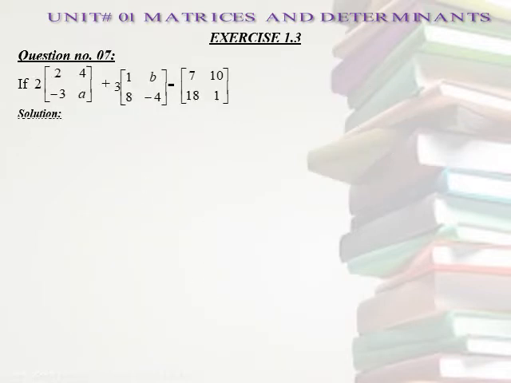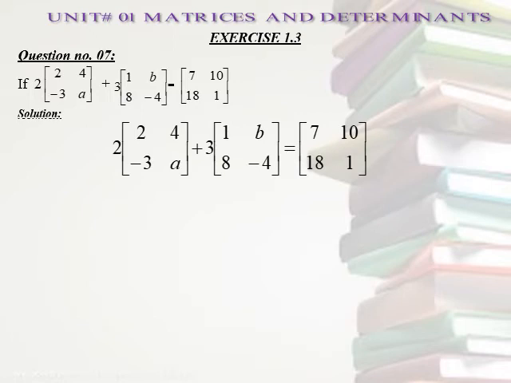Here is question number 7 of exercise 1.3, which is very important. In this question, we have to find out the values of a and b. Here, I am rewriting this equation to solve.